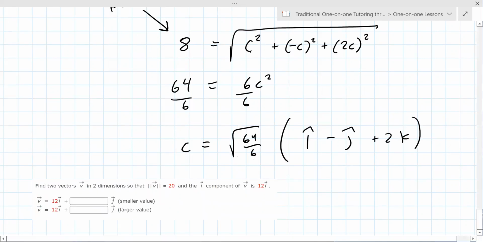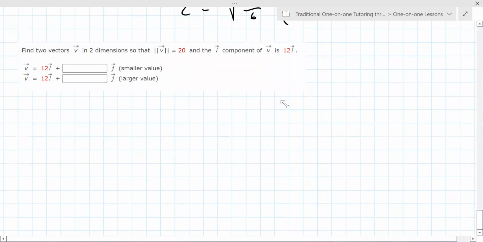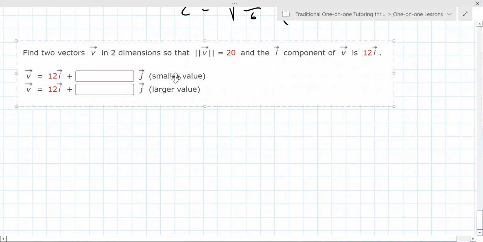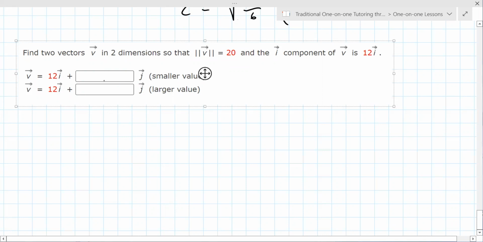Okay, find two vectors v in two dimensions so that the magnitude of v is 20 and the i component of v is 12i. So they're telling you the i component is 12 and then we need to find this one here.